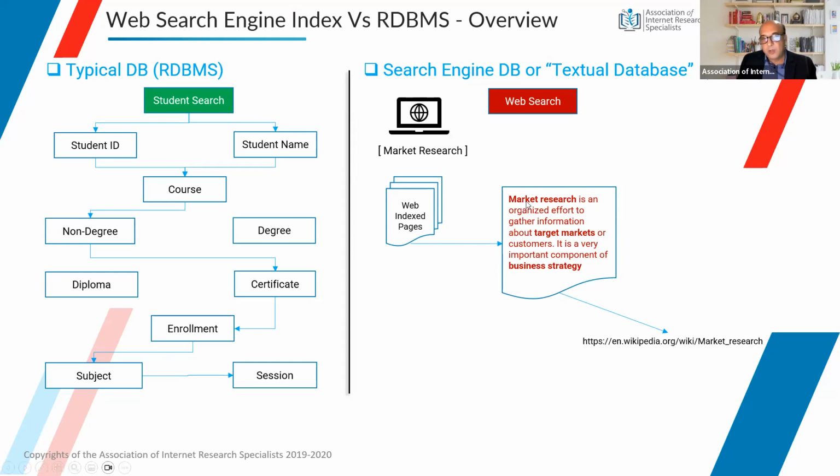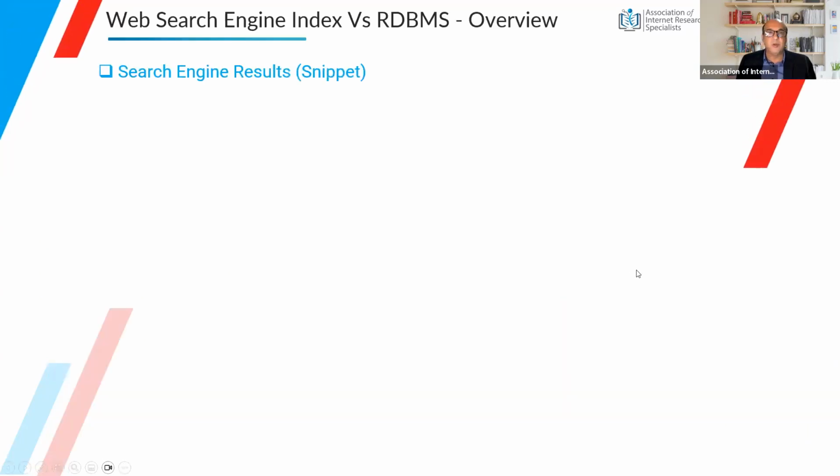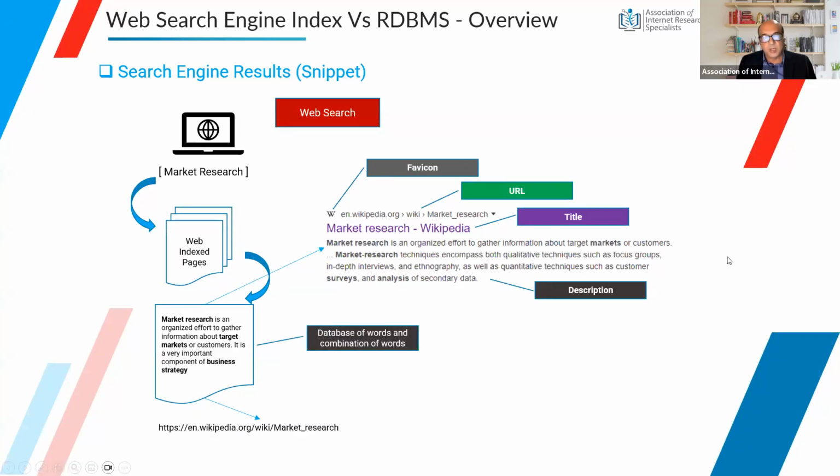So individually, market is a single unit. Together, market research can be construed, from the linguistic or semantics perspective, as a single unit or single variable as well. It just depends on how you have placed your query. So that's just to give you a little bit of a differentiator.